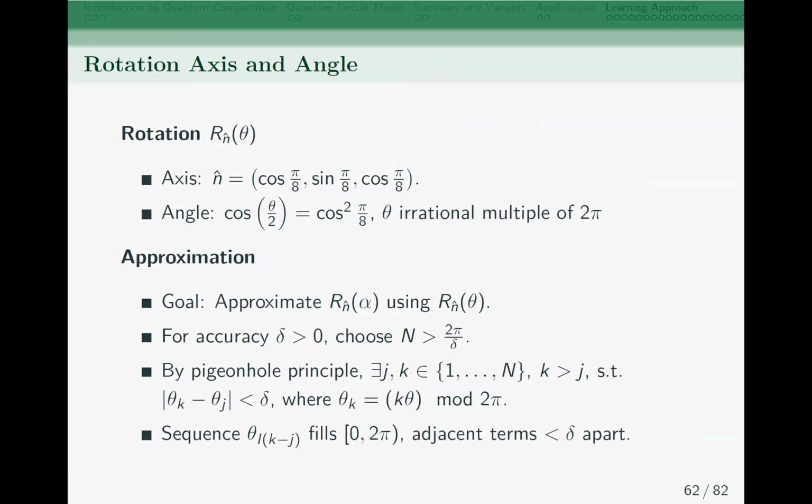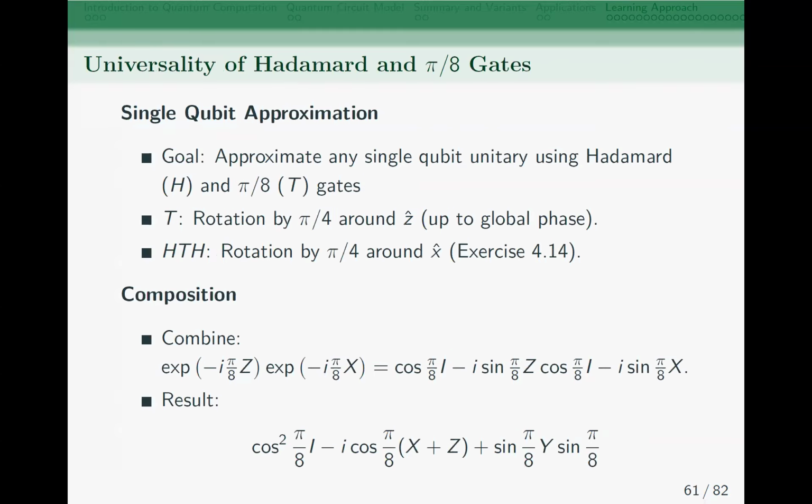Okay, so simply speaking, you use the T gate and the Hadamard gates, then you can create an angle where cosine theta divided by 2 equals cosine squared pi over 8. So the proof basically: let's say you have X and Z rotations, and you just do this.